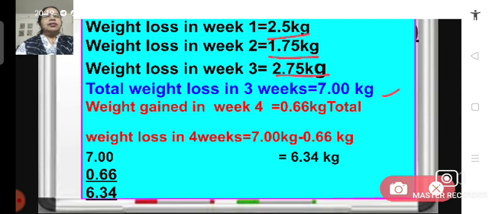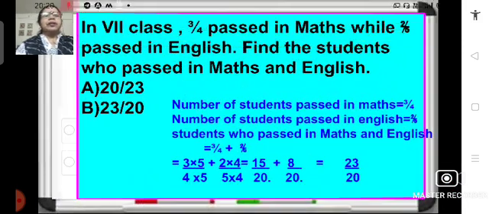Now in the 4th week, she gained weight of 0.66 kilograms. So weight lost in 4 weeks will be 7 kilograms minus 0.66 kilograms, isn't it? When we subtract these two, we get 6.34 kilograms. So she lost in 4 weeks 6.34 kilograms. Now let's move on to the next one.